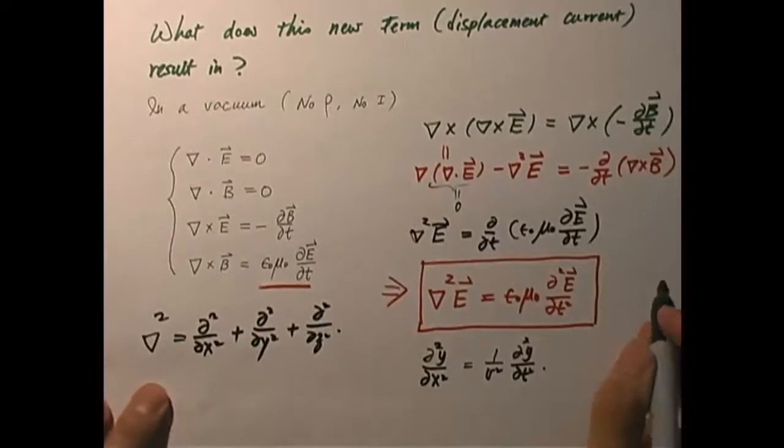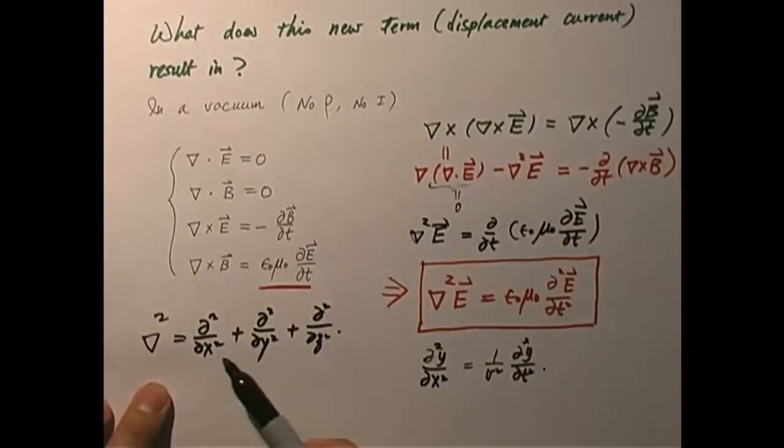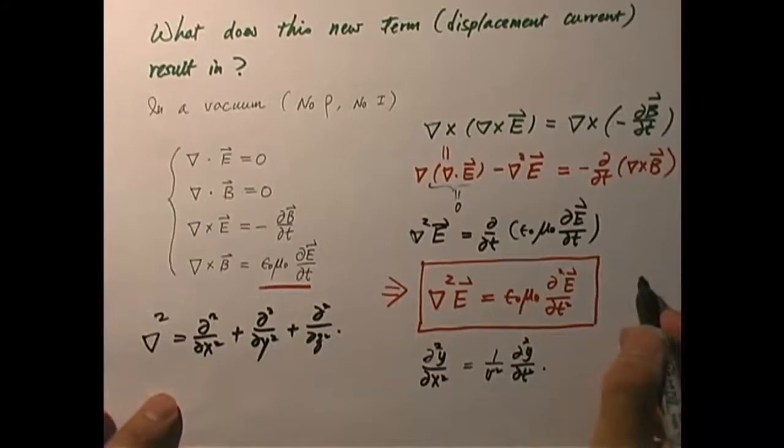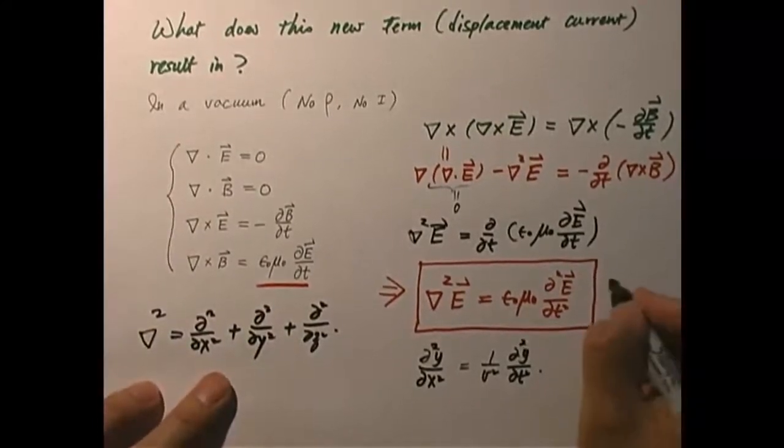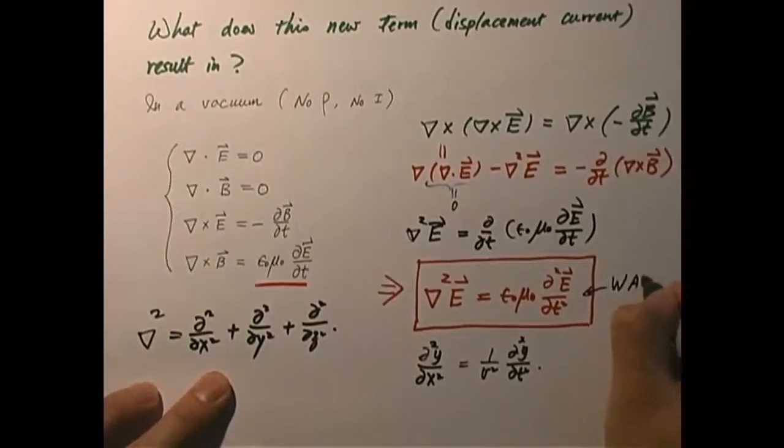So if it propagates in all three directions, then you have to, of course, change this derivative into the sum of the three. And so this really is a wave equation. It's a 3D wave equation.